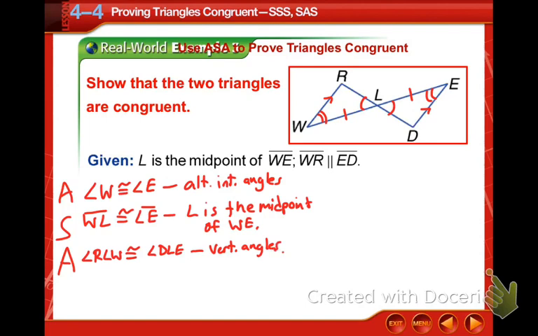So we do have angle, side, angle congruence. So that means that triangle WLR is congruent to triangle ELD.